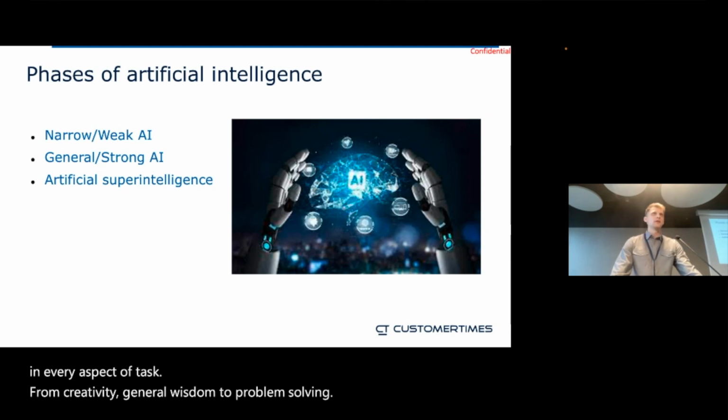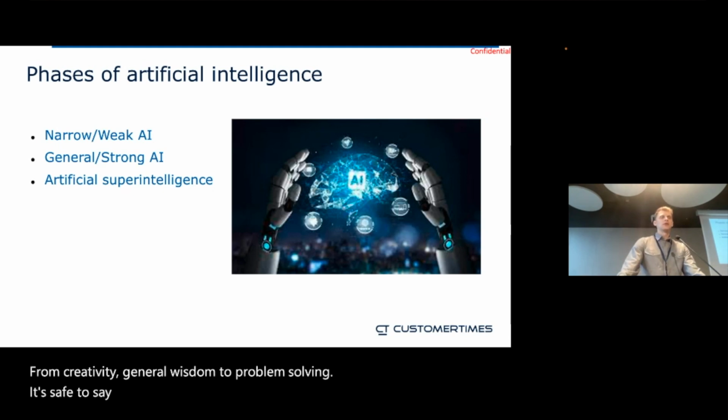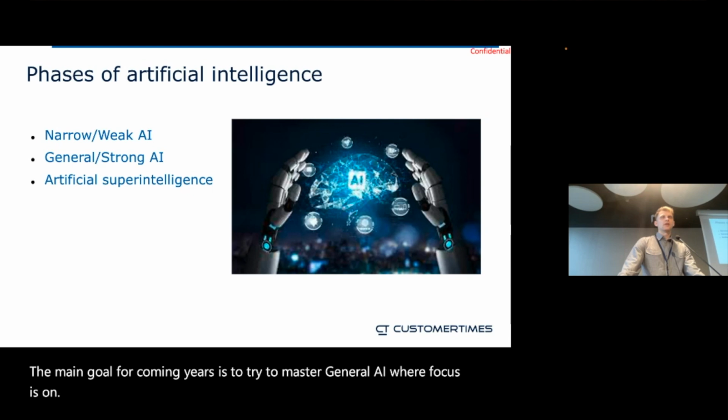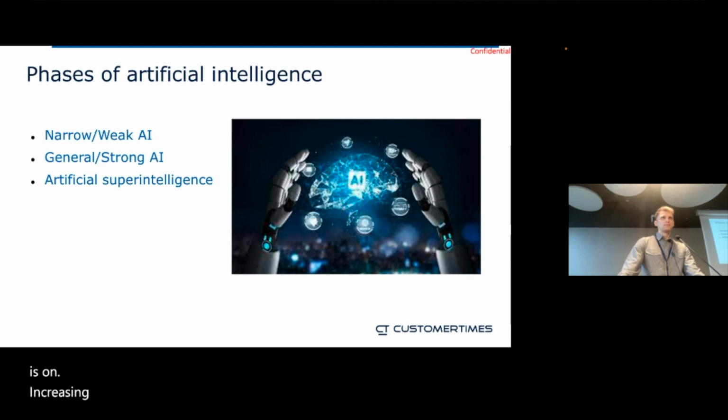It's safe to say that the current level of AI development is narrow or weak. The main goal for coming years is to try to master general AI, where the focus is on increasing the capabilities of the self-learning component.